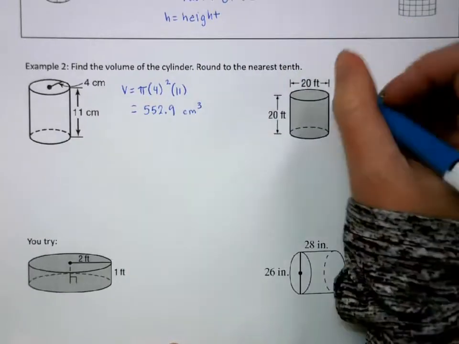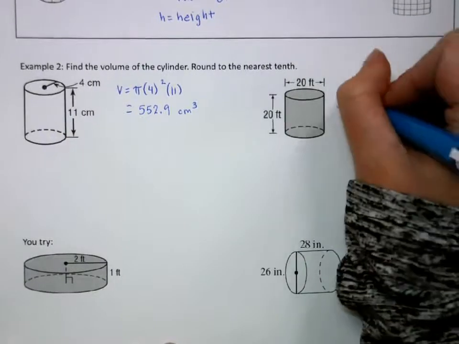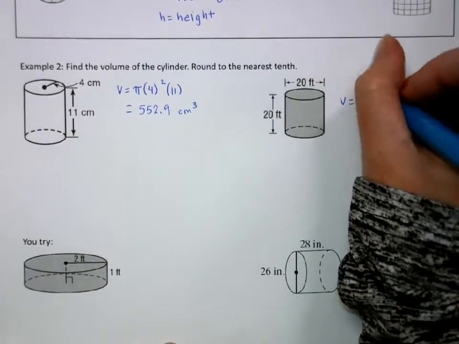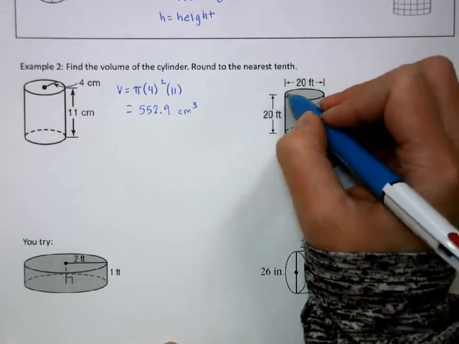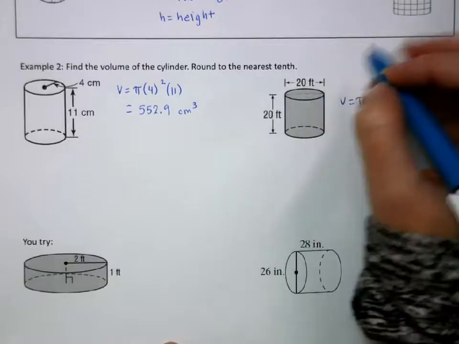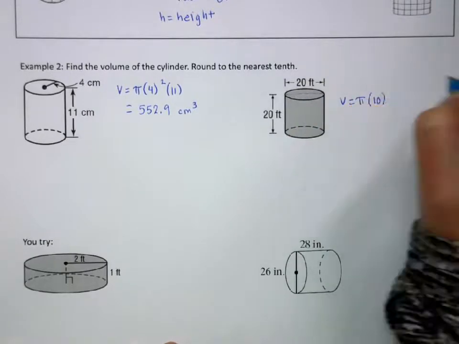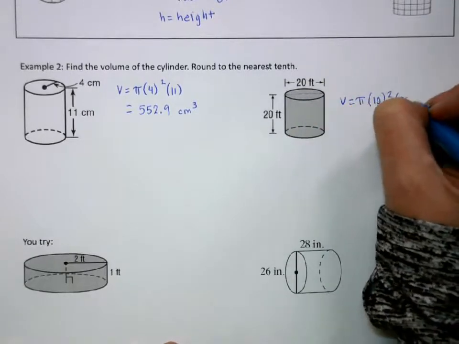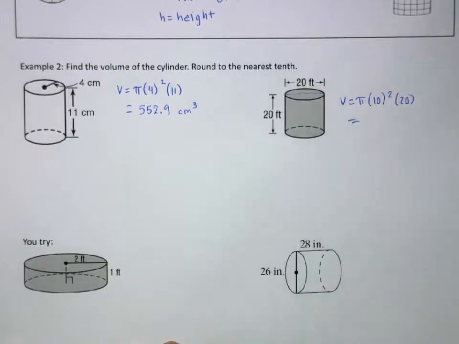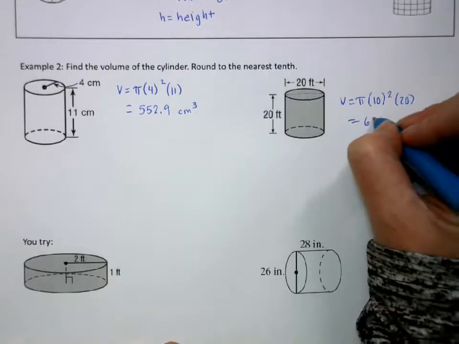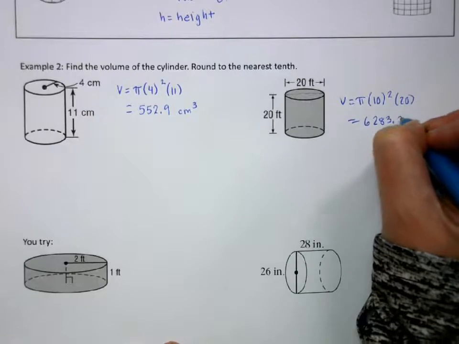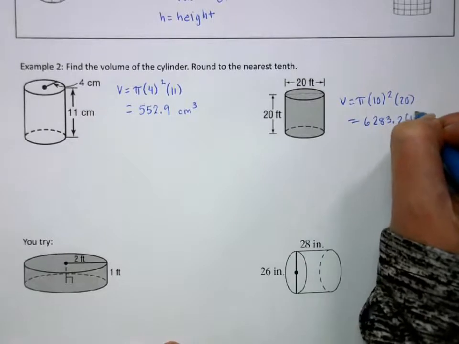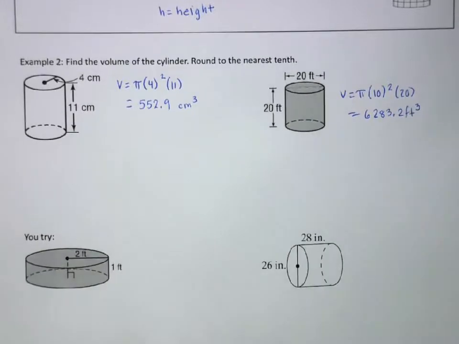This one, we have one small calculation. This is the diameter. So my radius is going to be half of that, or 10. So this one ends up having a volume of 6,283.2 feet cubed.